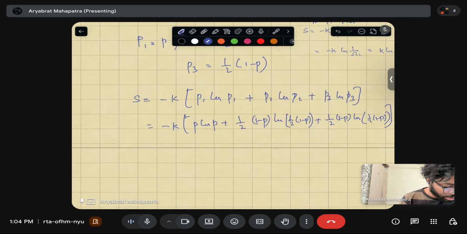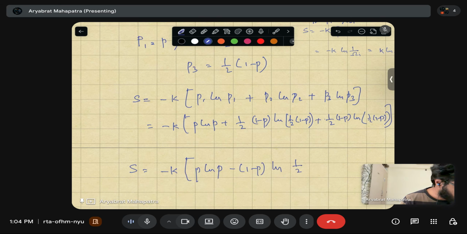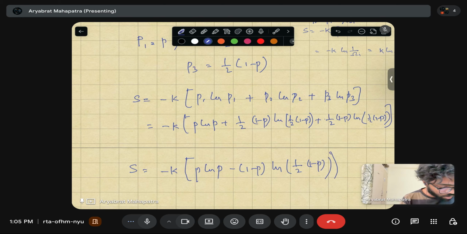You just simplify this, it is straightforward. Basically the last two terms are the same, so that is twice of this. So that is what the question was.